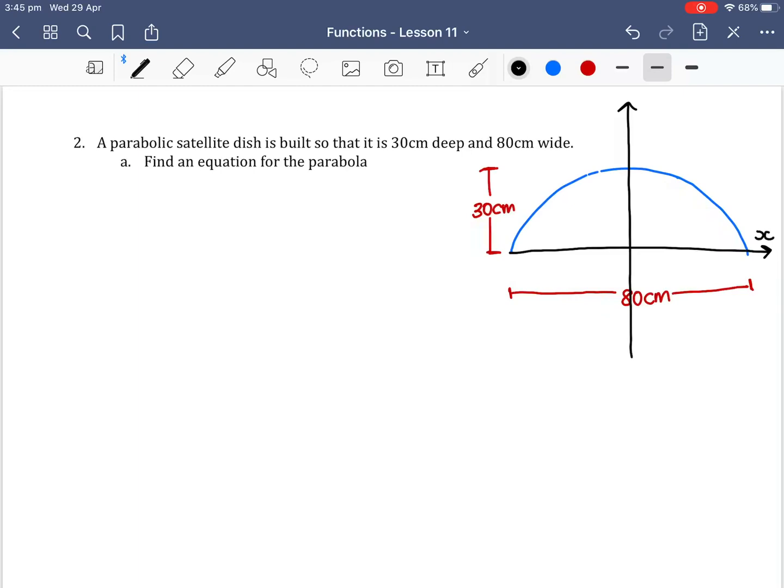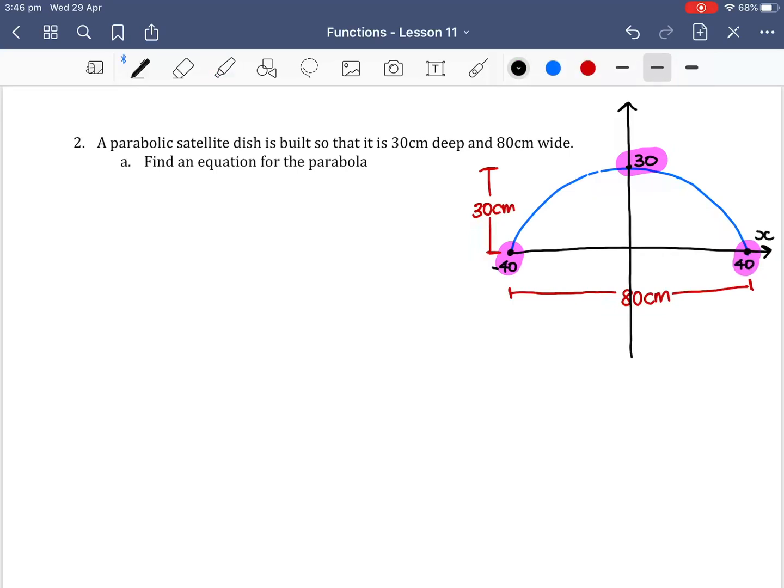Because parabolas are symmetrical, we know that this point here is going to be the same distance away from the origin as this point over here. So we'll have our x value here of 40 and our x value here of negative 40, and our height of our parabola will be right on x equals 0, and it will be 30. So we now have the points here.